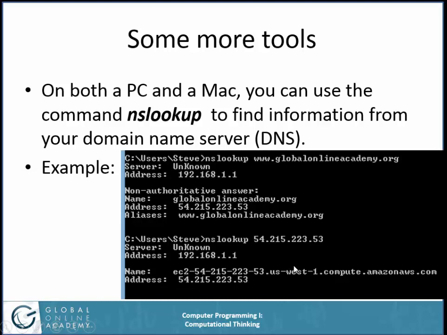Here's the address, and here is the name of the computer. Wow, it doesn't say globalonlineacademy.org anymore. It says, you know what? They have chosen to host their website, their domain, on AmazonWebServices.com. And Amazon Web Services has given them this name.